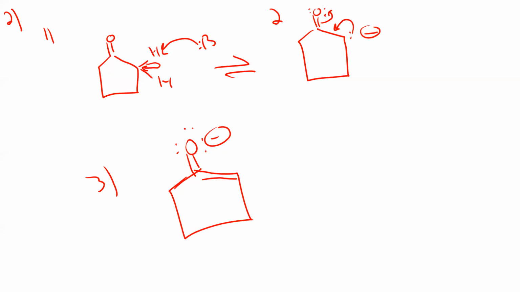So we're going to be kind of doing the same thing on question 3. It wants both the enolates. Okay, so let's go to question 3.